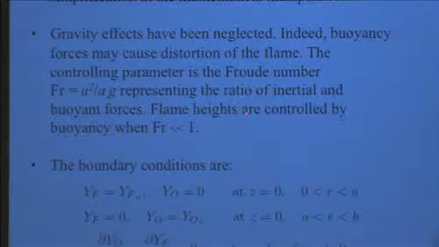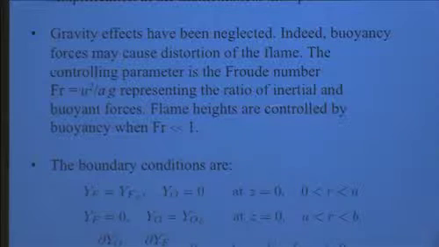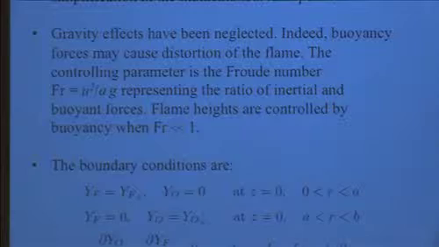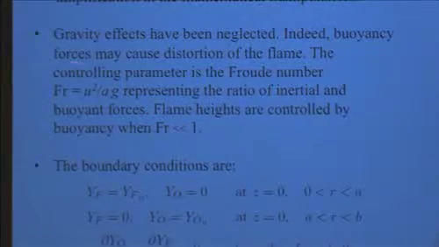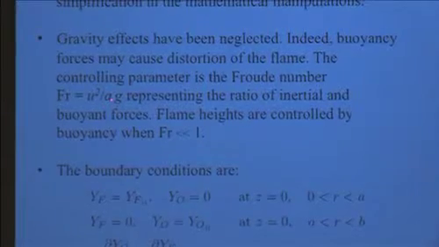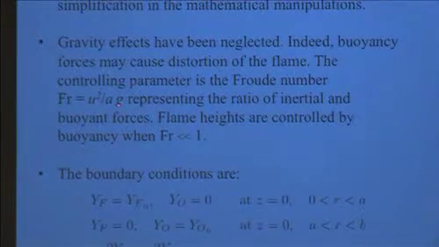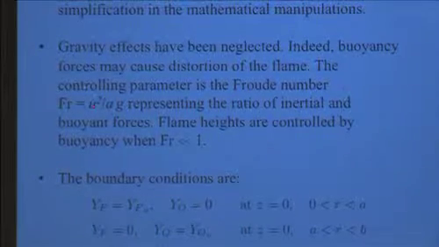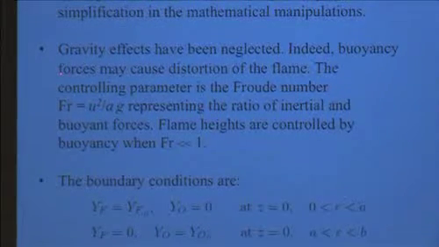What you see is that flame heights are controlled by buoyancy essentially when the Froude number is small. When the Froude number is large, it could be large either because gravity is small, which is in a microgravity environment, or because U is very large, right?